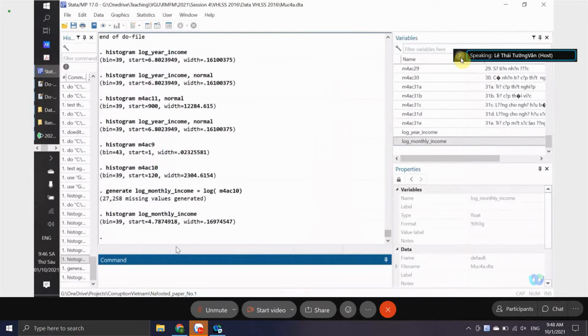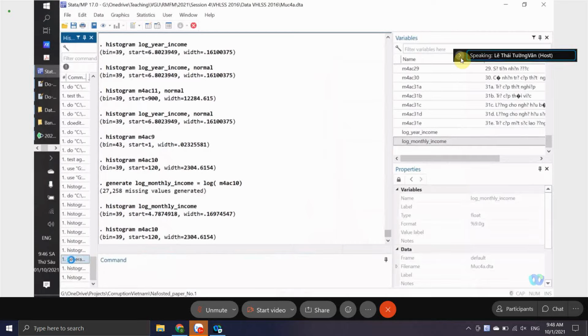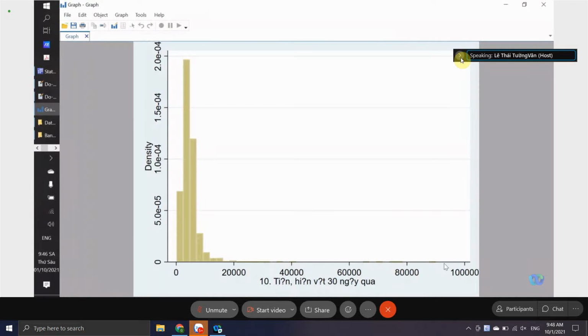So this is the reason why we take the log. If we do not take the log, the variable is very skewed to the right. A lot of people just earn a little down here. Some people earn 1 billion per month.